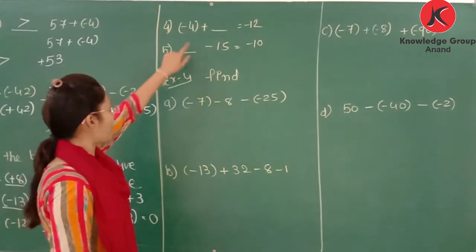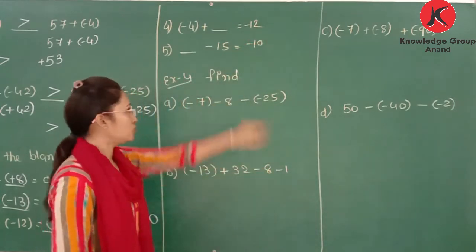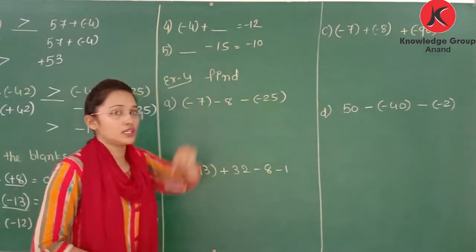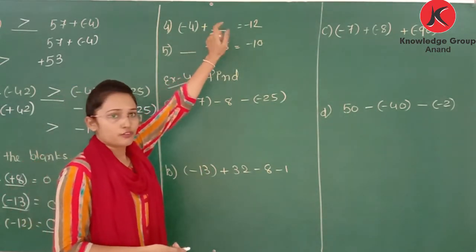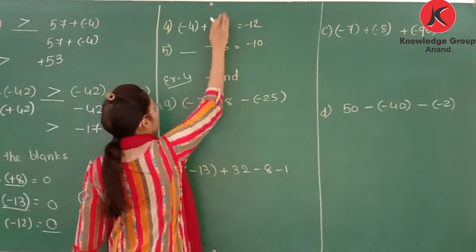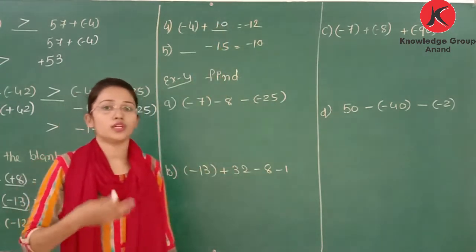Now next one, minus 4 plus blank will give minus 12. So here you need to write some value and it will give minus 12. So let's check. If we write a positive answer, for example 10 here, you need to check with different values.